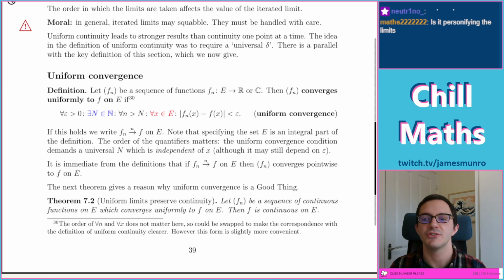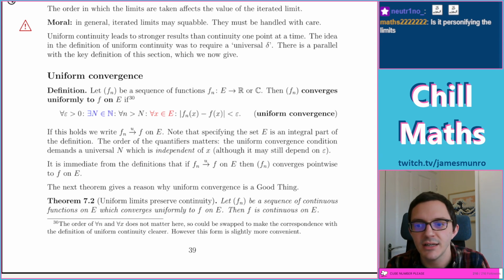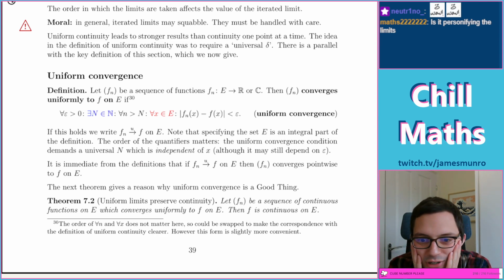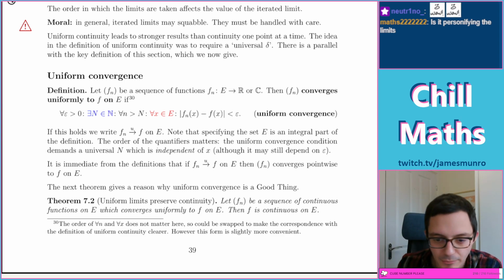Uniform continuity leads to stronger results than continuity one point at a time. The idea in the definition of uniform continuity was to require a universal delta. Parallel definition. I'm going to read the definition even though we've hit 4 o'clock. A sequence of functions f_n converges uniformly if, hang on, what's down here? The order of the for all and for all x does not matter. This one was slightly more convenient, fair enough.